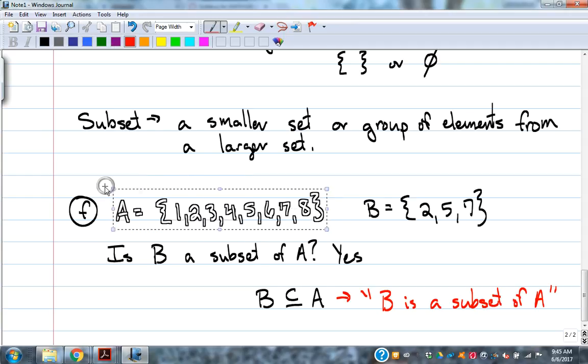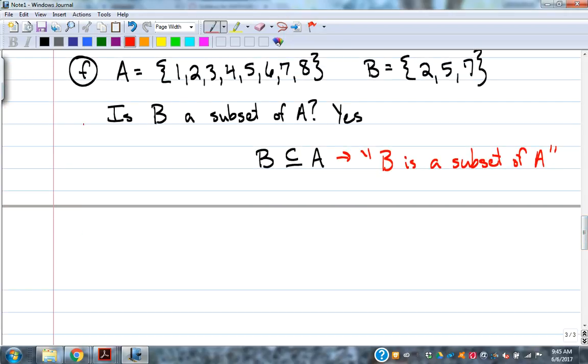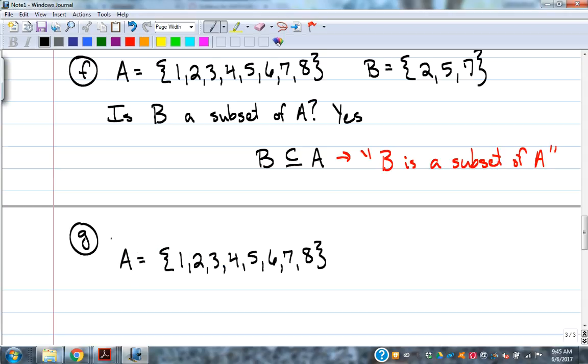We're going to use the same set A again in the next example. Set A, still the numbers 1 through 8. And I'm going to call this set D, and we'll do 10, 15, and 6.